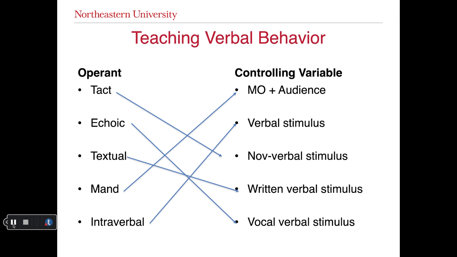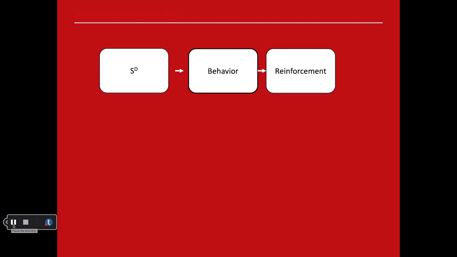So when you're teaching each of these, if not as important, potentially more important than the form of the behavior, is going to be the controlling variables. So taking that into consideration, you think about just discrimination training. Of course, I'm showing here a simple discrimination, but we know that conditional control may also occur.